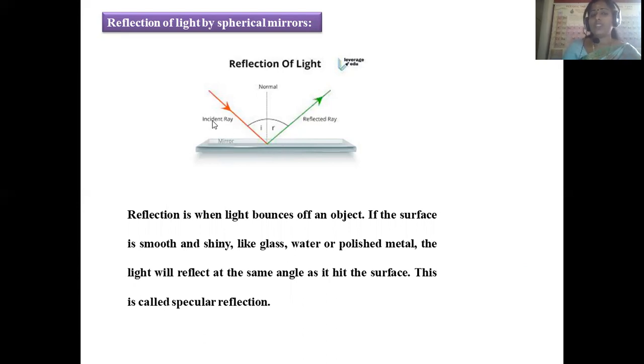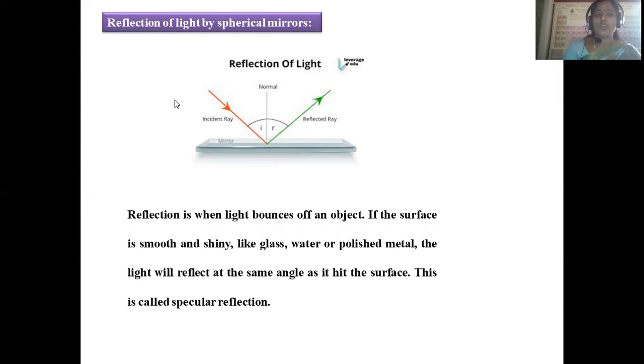So the light which is coming from the source is called incident light, and the light coming after the reflection is called reflected rays or reflected light. Here you can observe the incident light angle and also the reflected light angle, and in between, from the center, you can put a hypothetical line which is known as the normal, right?